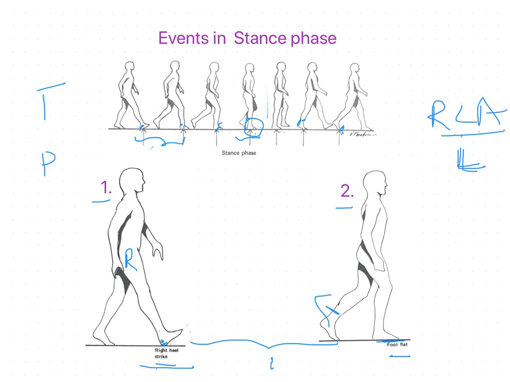So in traditional terms, we have heel strike, and the second event is foot flat.